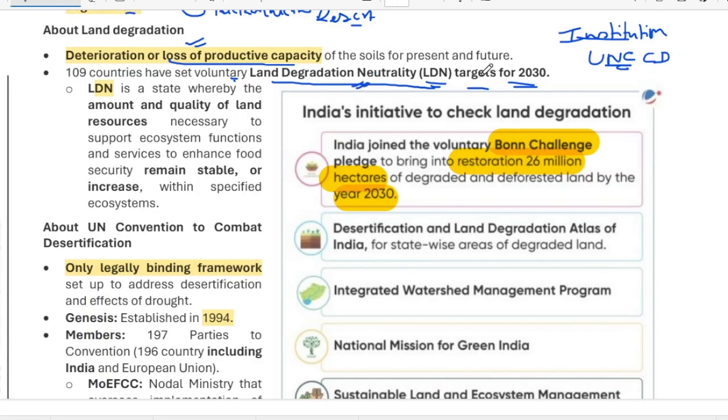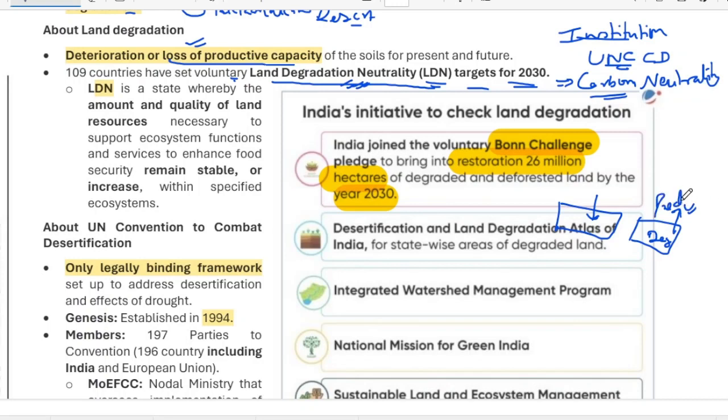Land degradation neutrality is the same concept as carbon neutrality that we have understood in our previous videos. Whatever amount of land is being degraded, the same amount of already degraded land is cured or made productive.